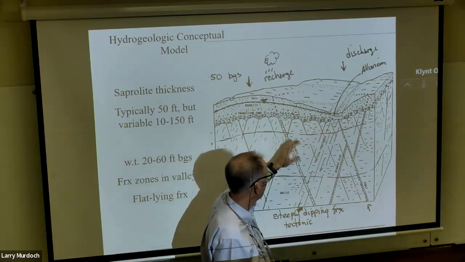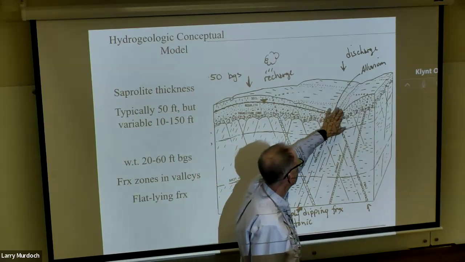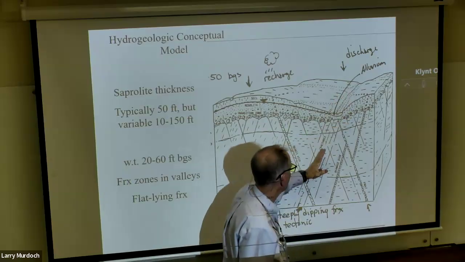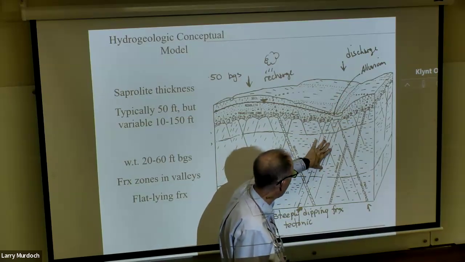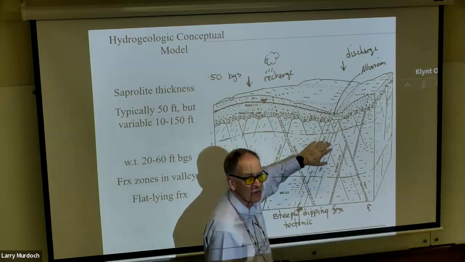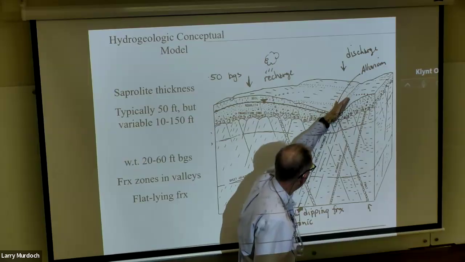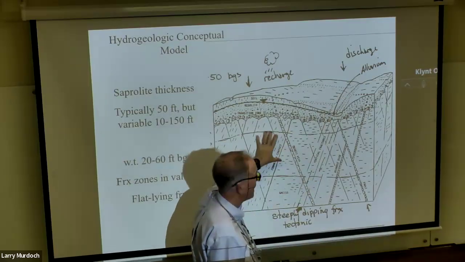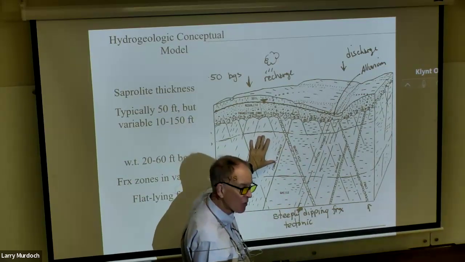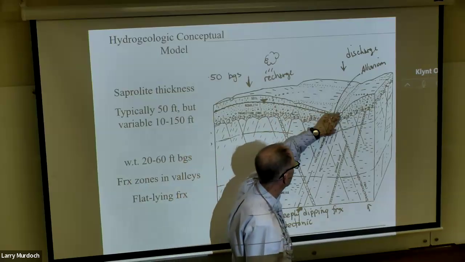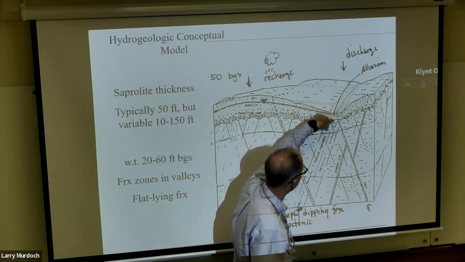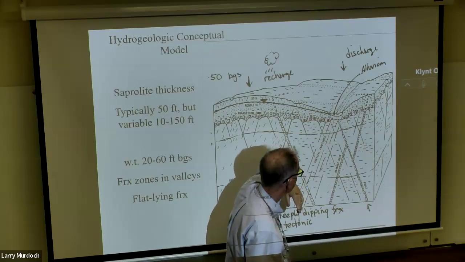The concept is that many of the streams are following vertical fracture zones because the rock in these fracture zones is more easily eroded along the path of these fractures than it is here. If it's more easily eroded, then the streams will erode it and it'll be lower topographically.